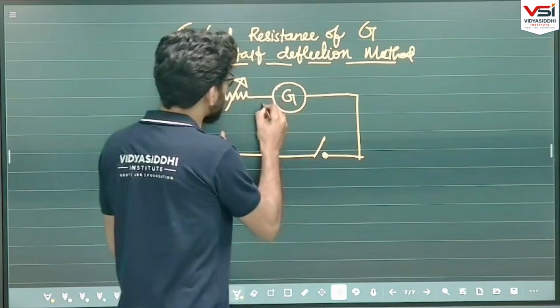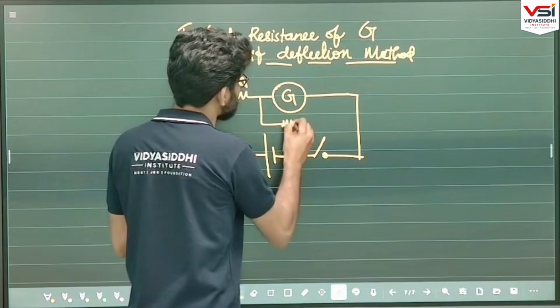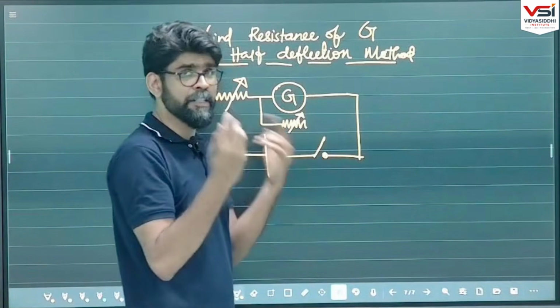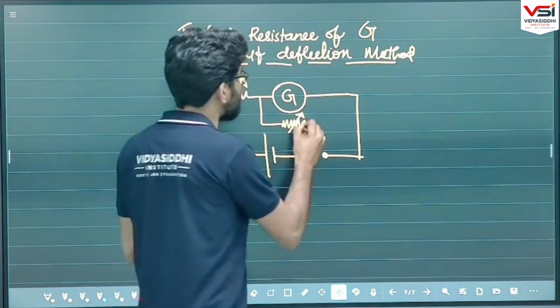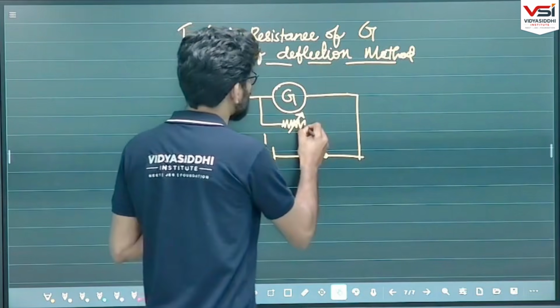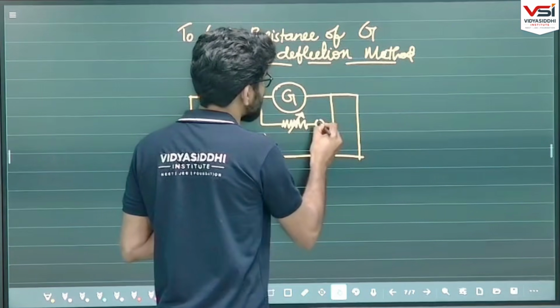Now across this we'll have to connect another resistance box that stands for the shunt resistance, which means the resistance box whose resistance can be adjusted for half deflection, and so we need to keep another key also in series with that.